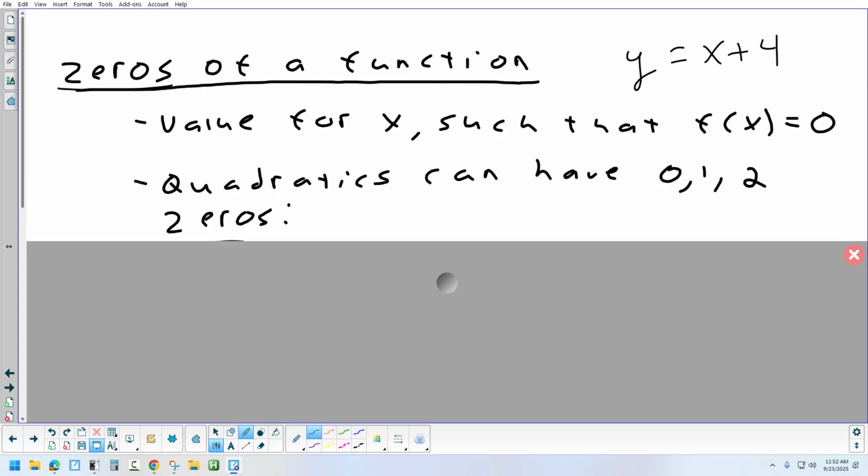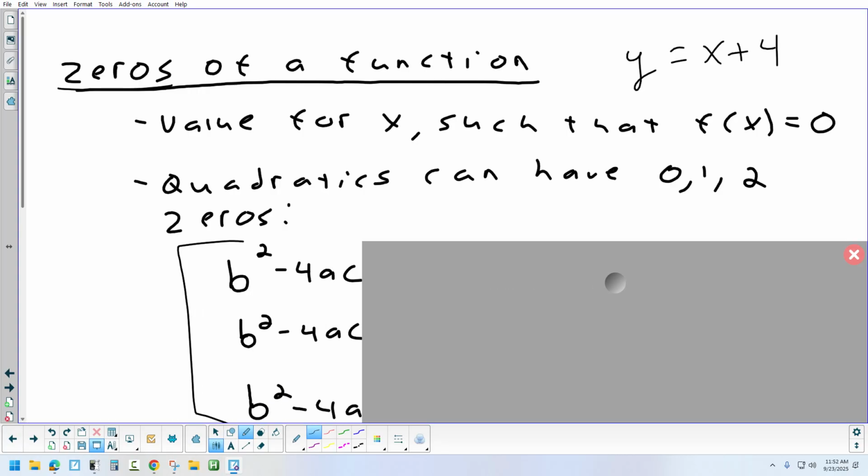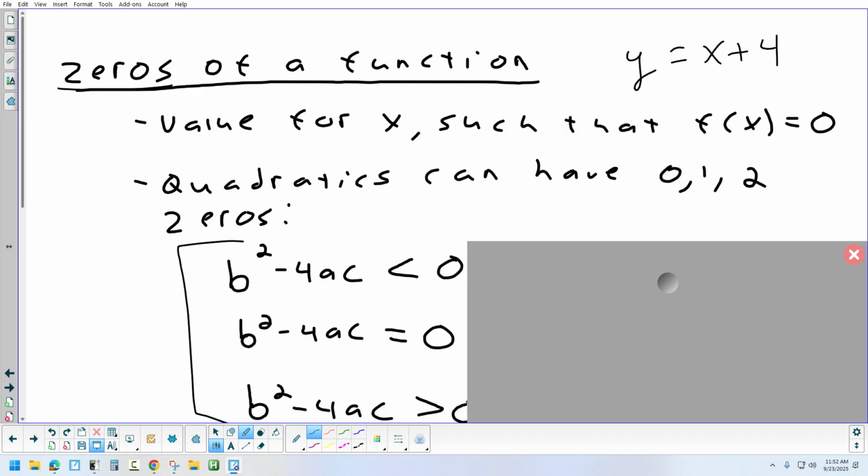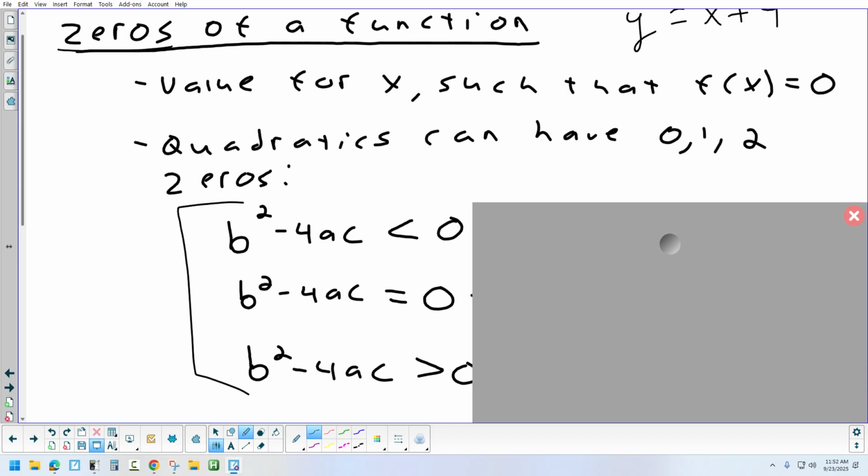And if we don't care about where it crosses, but we only want to know how many times it crosses, or how many zeros it has, there's an easy way to figure that out. And the easy way is to do a calculation. The calculation is b squared minus 4ac.